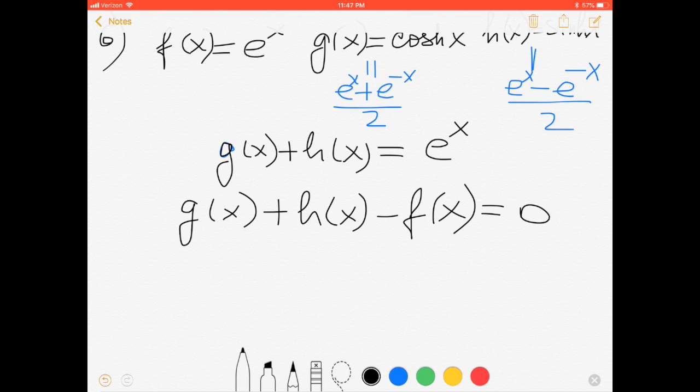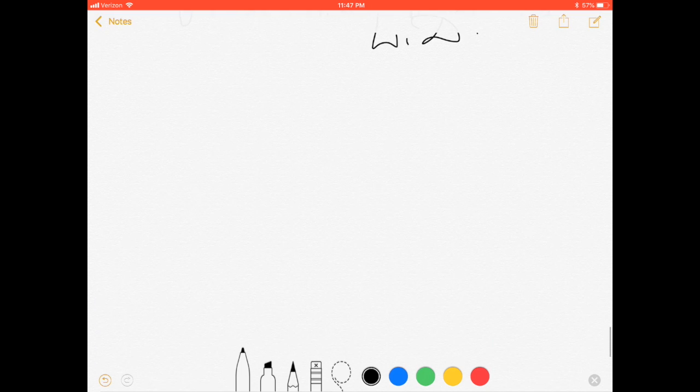I showed a linear combination of these three functions equals 0. This means these three functions are linearly dependent. Here I did not use the Wronskian. For linear dependence you can use the Wronskian, or you cannot. It's your choice. But for proving linear independence, I think it's better to use the Wronskian because it helps you a lot.